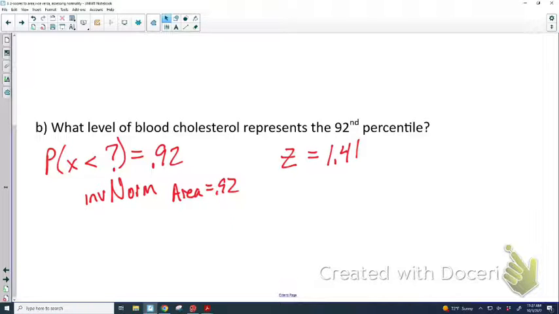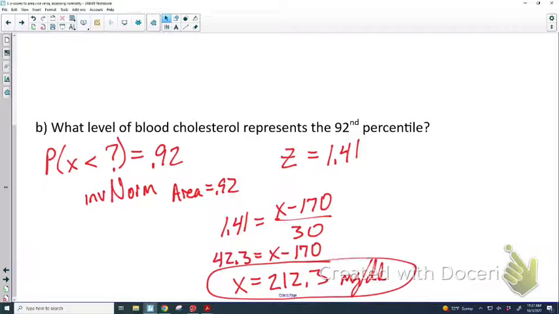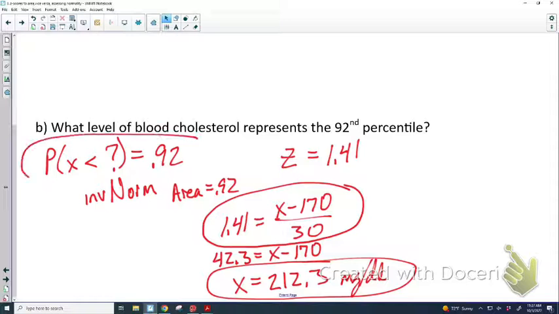Plug it into my z formula and solve for x. I get 42.3. And lastly, I get 212.3 milligrams per deciliter. I need to see the answers, some work, and the question.